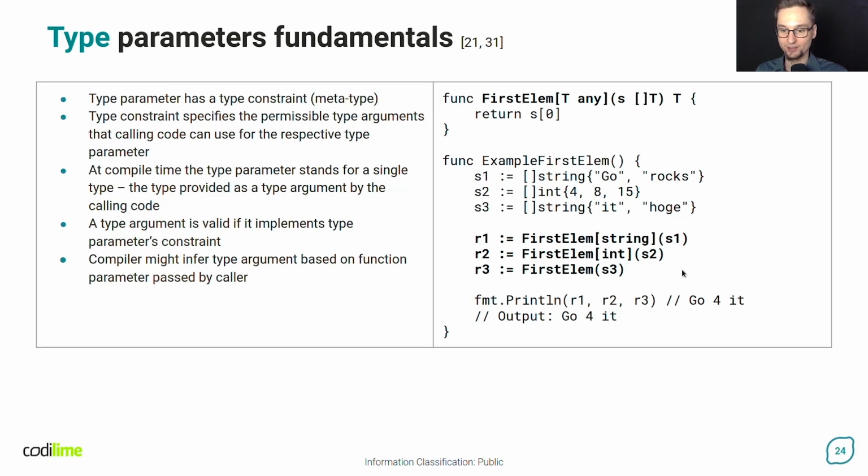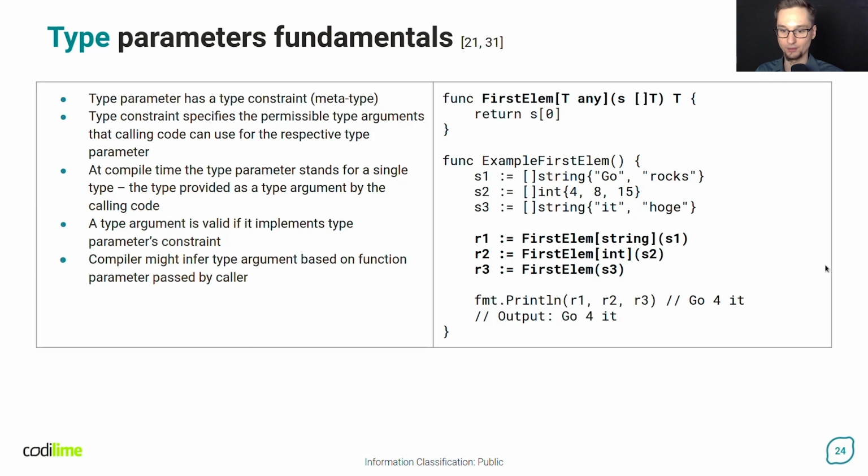In some cases, the type argument can be inferred by the compiler. For example, when the user calls this function first element with slice s3, which is a slice of strings, the compiler can infer the type parameter from this given parameter. Yes, it's called argument type deduction.